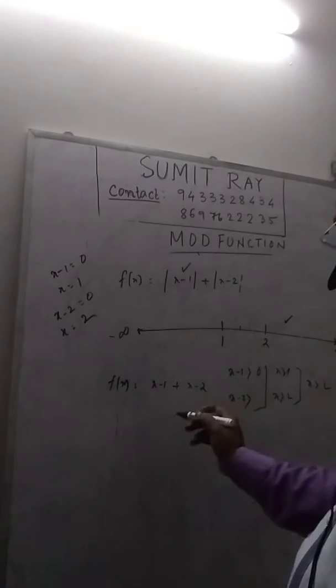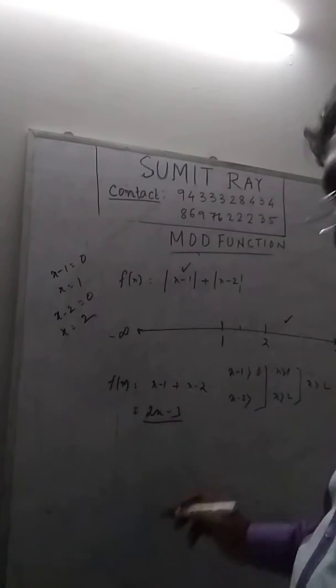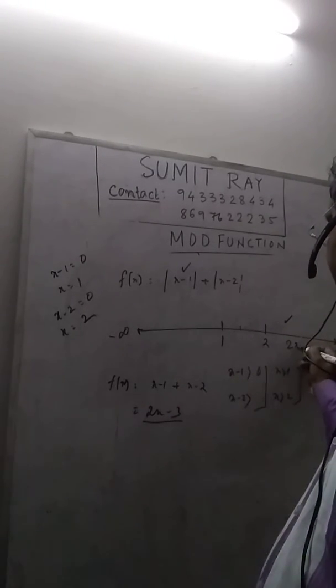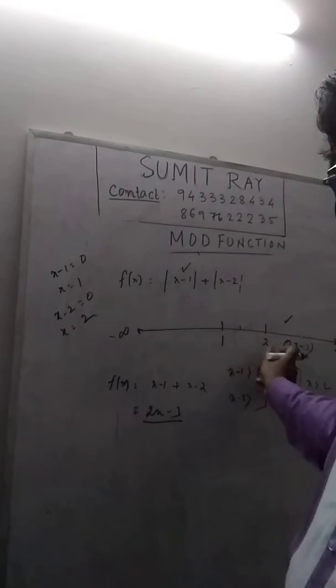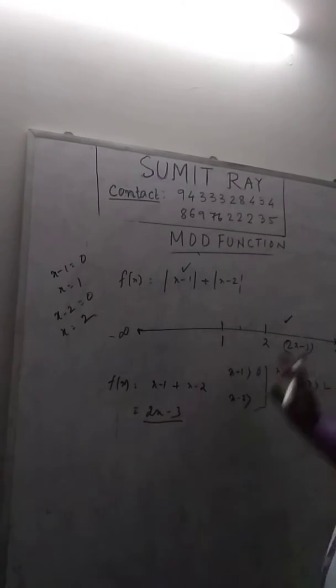So that actually produces 2x minus 3, and this function basically represents this zone. You can write this function also in this way: under this interval 2 to infinity, f of x is 2x minus 3. Now once I choose this one, it is very interesting.